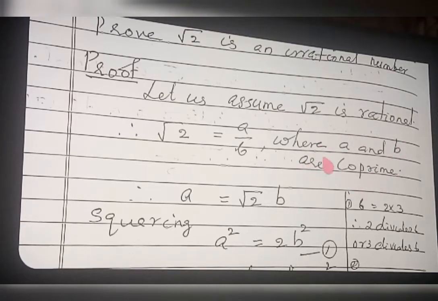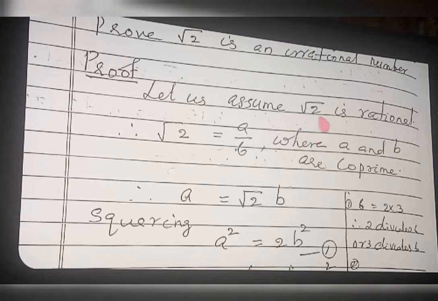Co-prime means the only common factor is 1, there is no other common factor. That type of numbers we call co-prime.